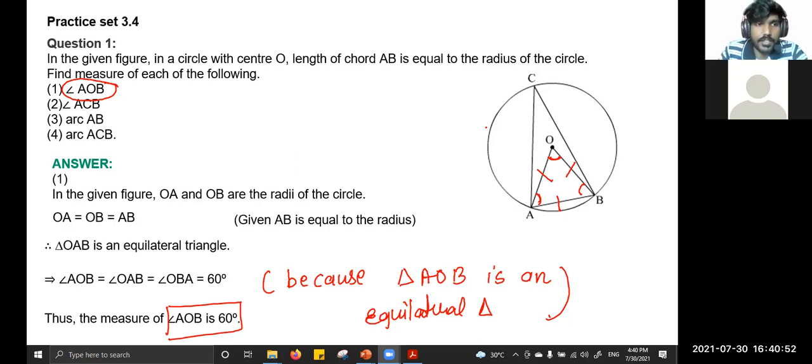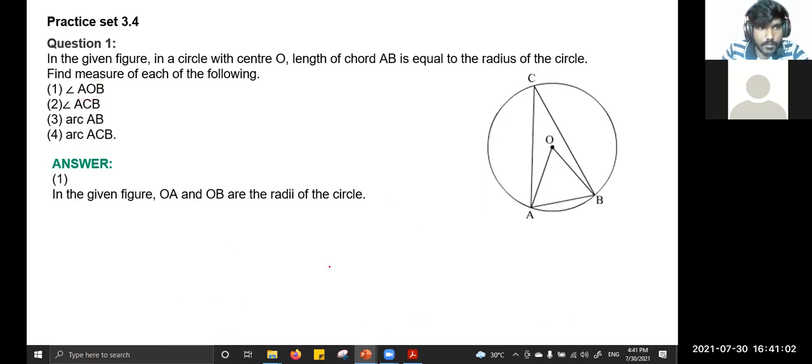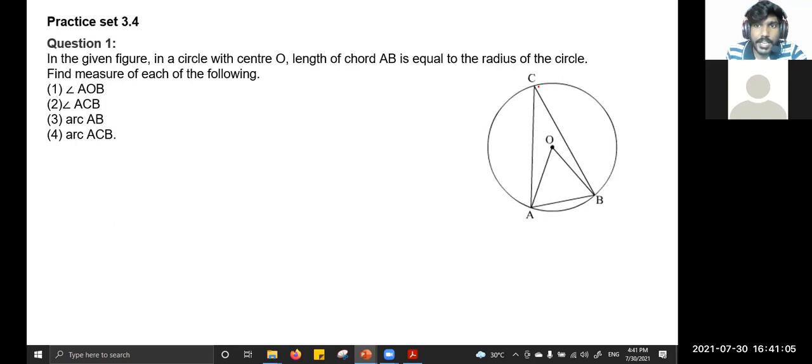Okay. So second is to find angle ACB. ACB means this angle. Look at the figure. You have found out the measure of the central angle, that is 60 degrees. So if the measure of the central angle is 60 degrees, what will be the measure of this arc AB?